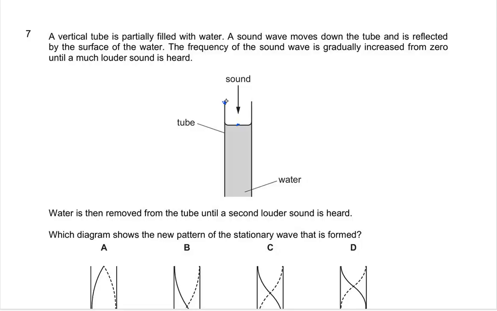And this, the boundary at the surface of water, acts as the boundary of column air in this tube. The particle air in these boundaries are not displaced, so it's node here.